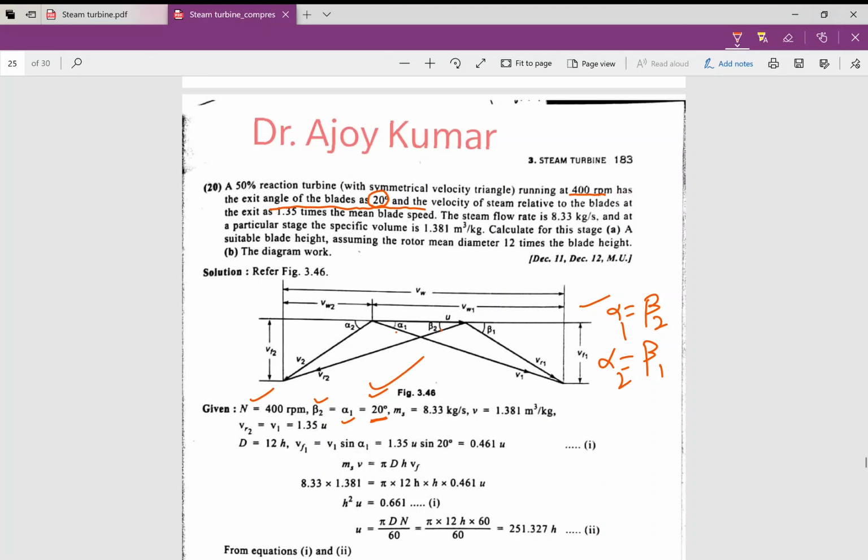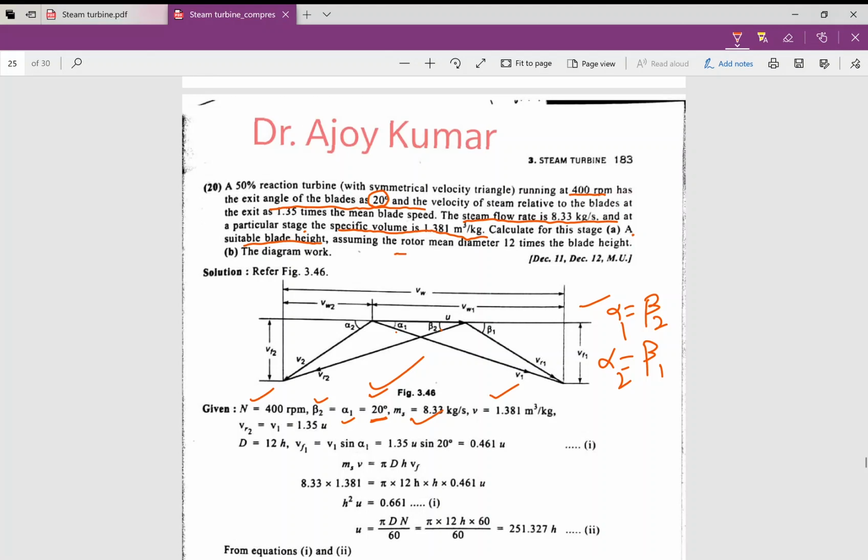Now here, according to this numerical, the steam flow rate is 8.33 kg per second. Mass flow rate is given. At a particular state, the specific volume is 1.381 meter cube per kg. Specific volume given. Calculate for this stage a suitable blade height. Blade height is asked.